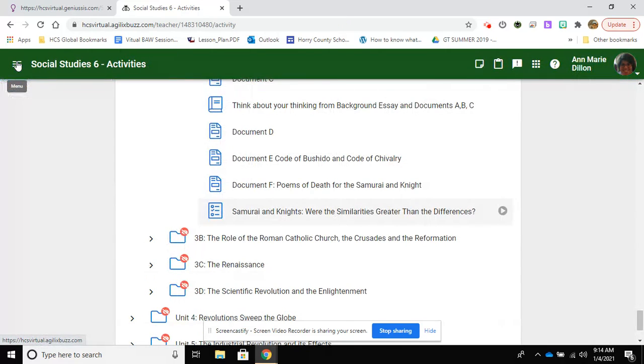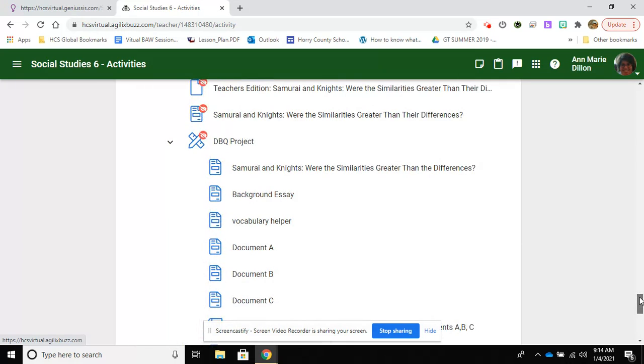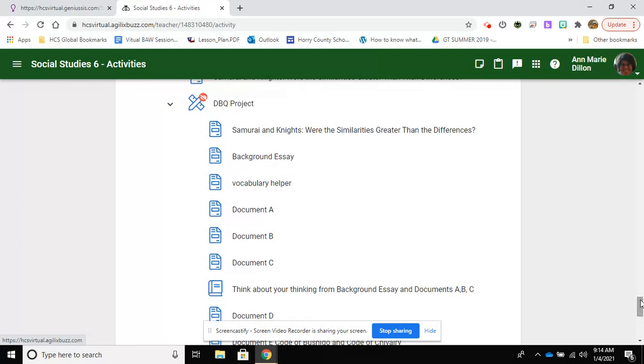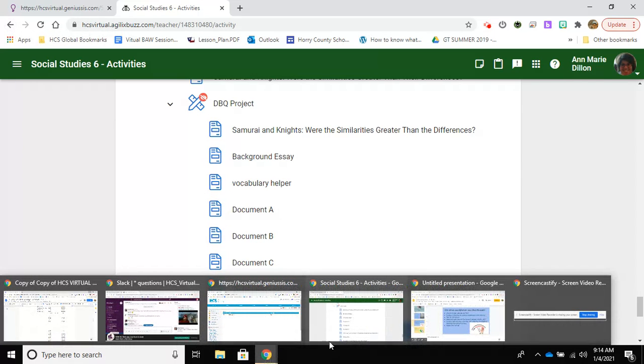But that's where you're going to find the DBQ, right after your unit of 3A that we just finished. And these are all the activities, although some of the activities are not scored. So don't panic if you don't see a submission field. We will be talking about that during our Google Meets this week in class.